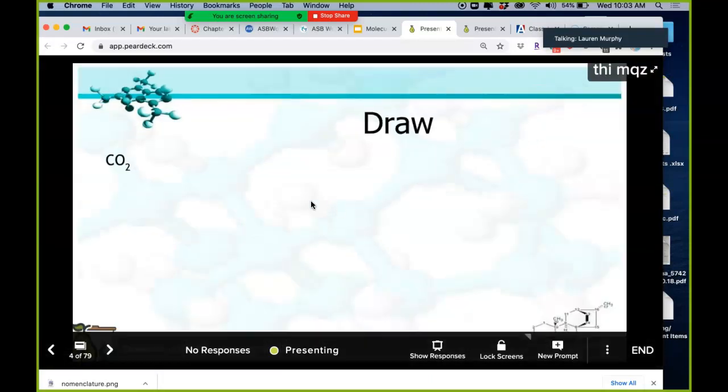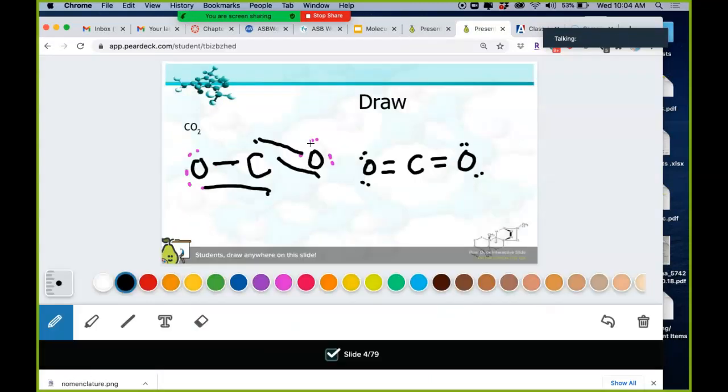Please draw carbon dioxide. So you should get something like this, all right? So this generic type is going to be A, your central atom, that would be carbon, and B2, because there's 1, 2 things bonded to it.